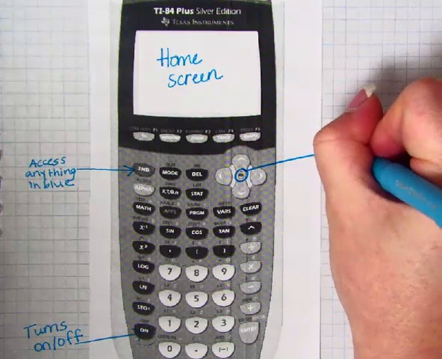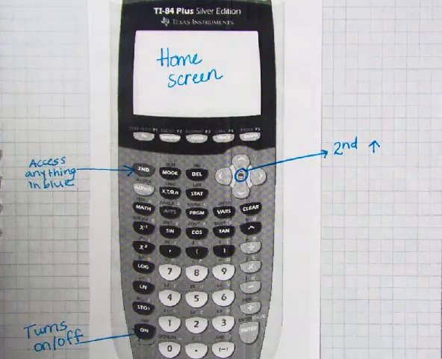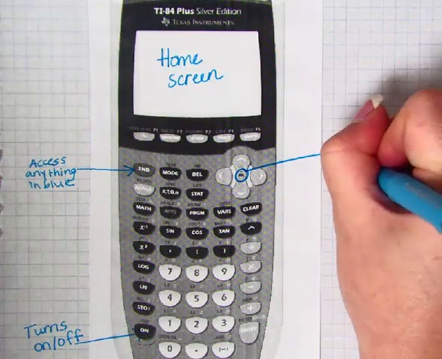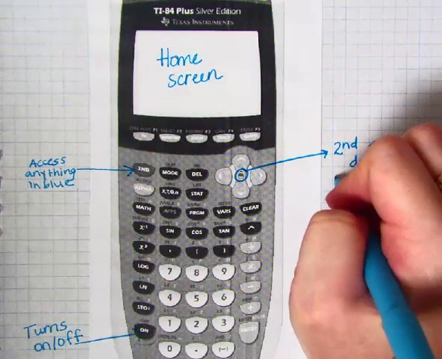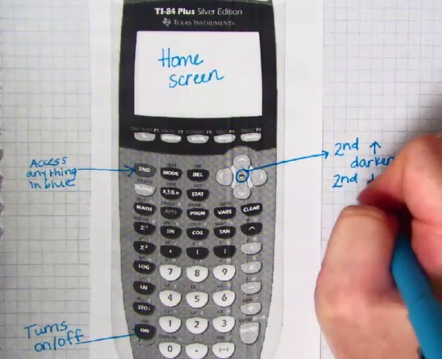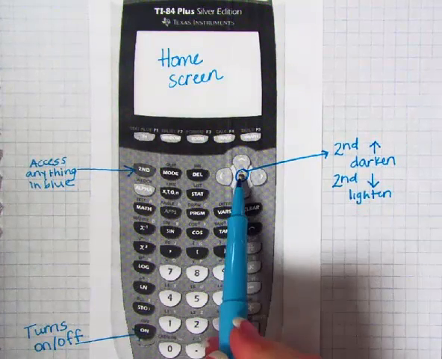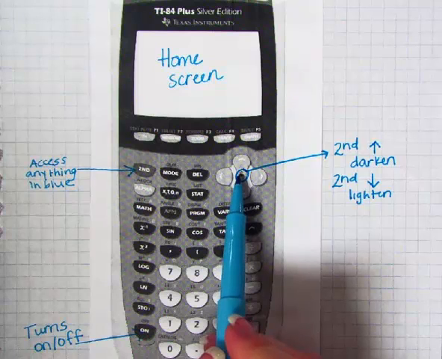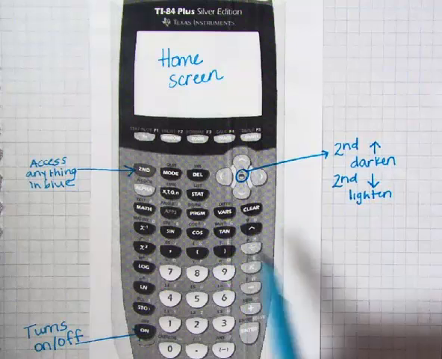You hit second, and then you hold the up arrow to darken, and you hit second and you hold the down arrow to lighten. So you see that the top part of the circle is shaded in. That means you want to darken it. The bottom circle is not shaded in, so that would be lightening it.